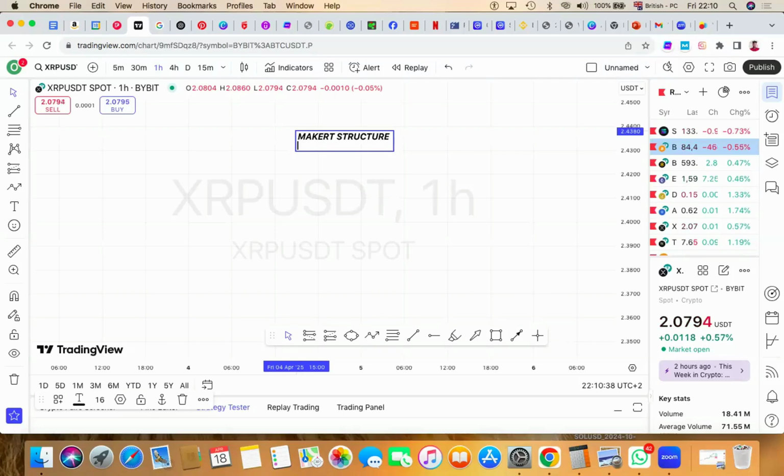We have the uptrend, and we have the downtrend, and then we also have the sideways trend. So the uptrend, the downtrend, or the sideways trend.